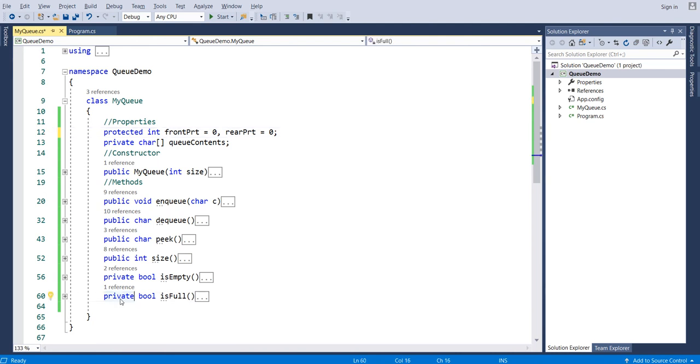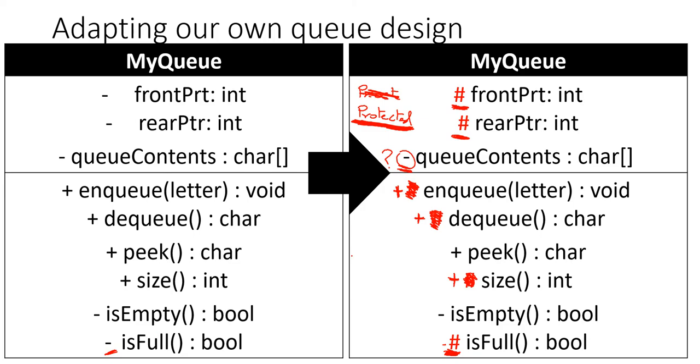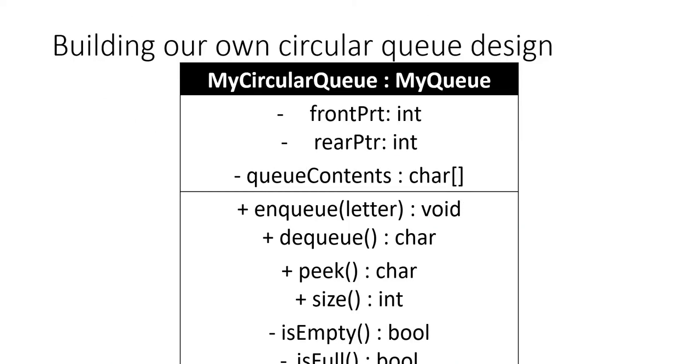And we're doing the same with is full. We're going to make that protected. Excellent. So that allows us to then go and try and make our circular queue design.